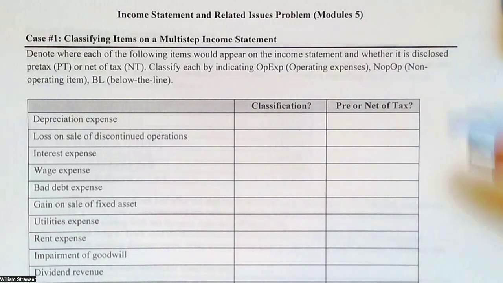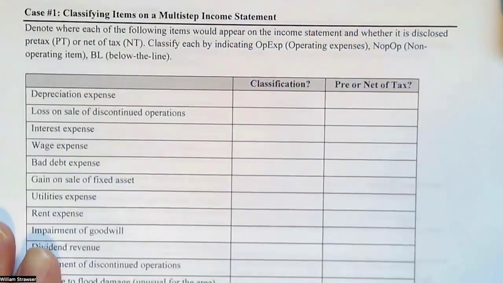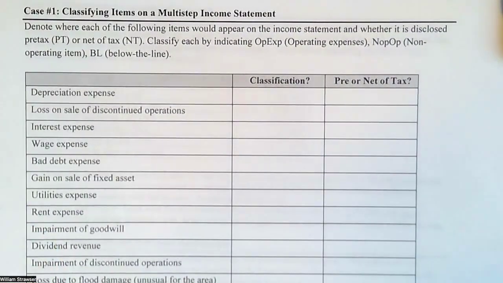So I'm not going to go through all of case one. I do want to set up the idea about what's going on. When you have a multi-step income statement, as we talked about in the lecture videos, the different expenses and revenues fall into different buckets depending on whether they're operating expenses, non-operating items, or they fall below the line.